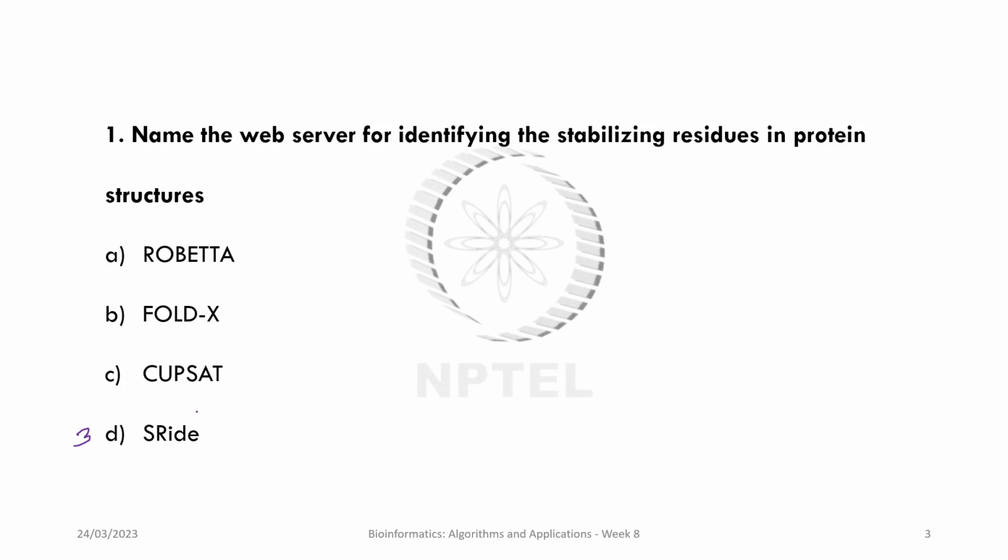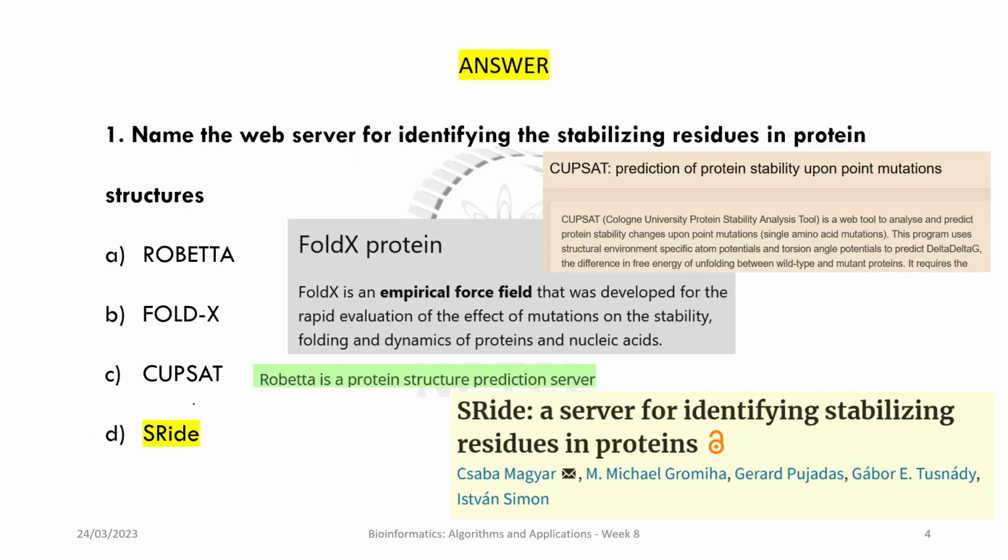Shall we check the answer? So it's option D, which is right. A server for identifying stabilizing residues in proteins. And what are the other three? Option A, Roberta, is a protein structure prediction server where the structure is predicted from the amino acid sequence.